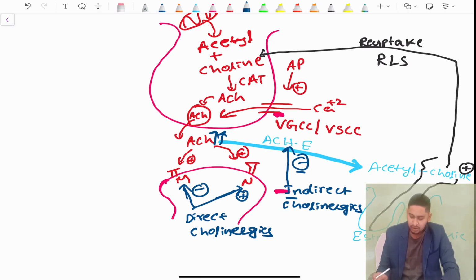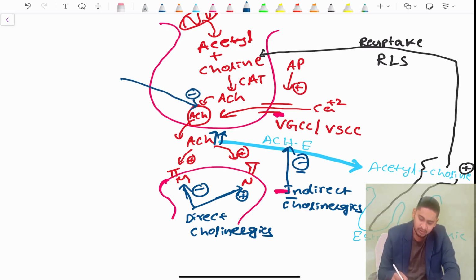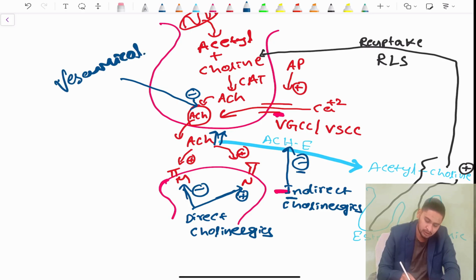So if you see, the drug which is directly blocking the storage vesicles of the acetylcholine is vesamicol. This is called vesamicol.